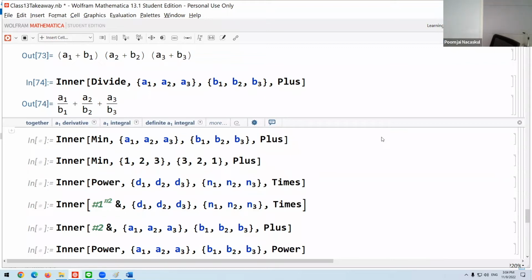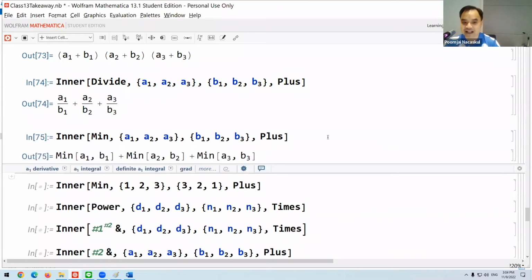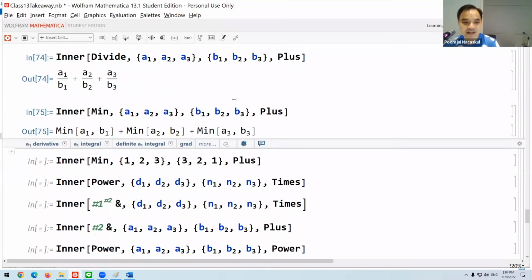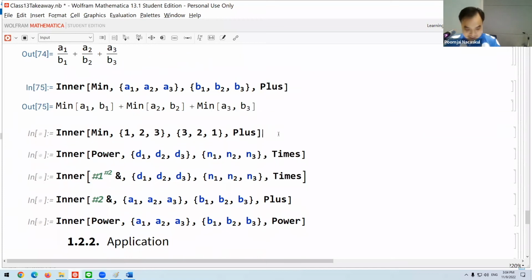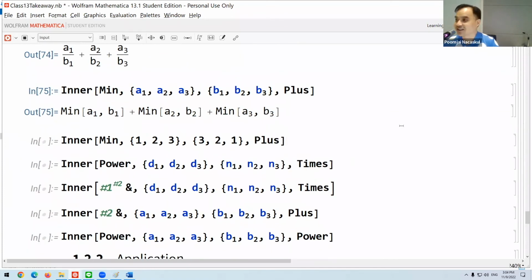In fact, I'm going to use a built-in function, minimum. So you can take the minimum of A1 and B1, minimum of A2 and B2. Now, obviously, you don't know what A1, B1 is, so I'm going to add some number to it. What do you think it's going to give? I can ask this on an exam if you like, because this is simple.